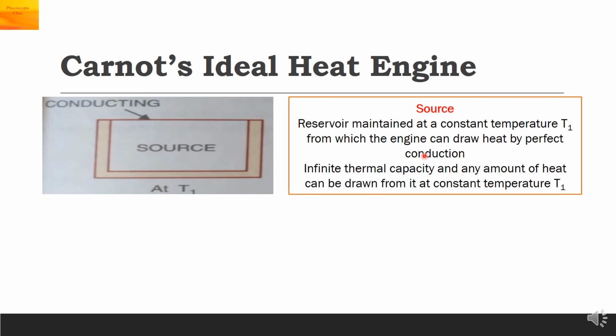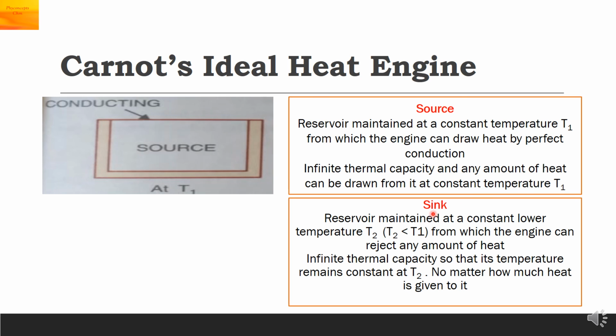So the engine will draw heat from this source. Now it is assumed that the source has infinite thermal capacity. That is, any amount of heat you take out from it, its temperature remains constant at T1.